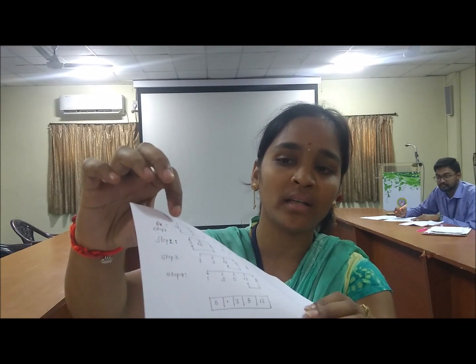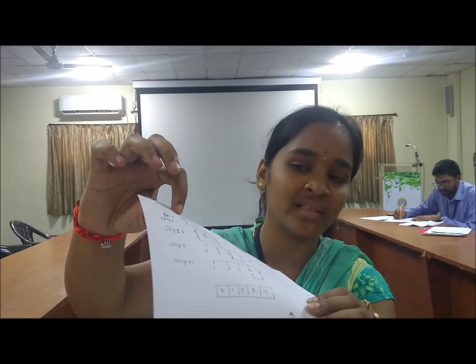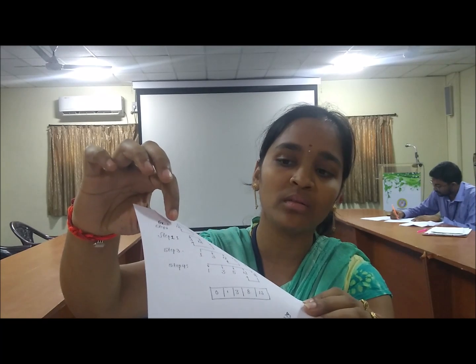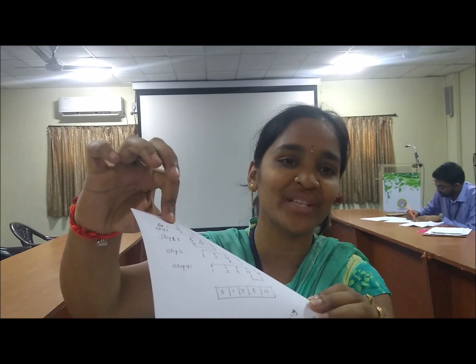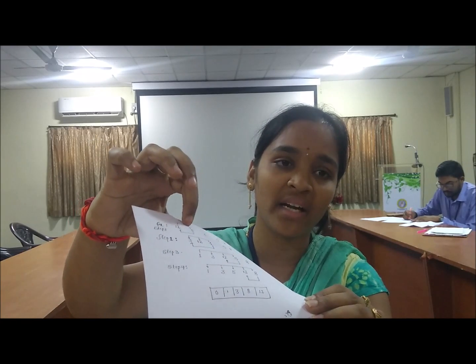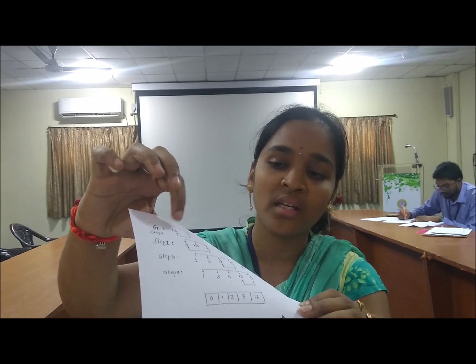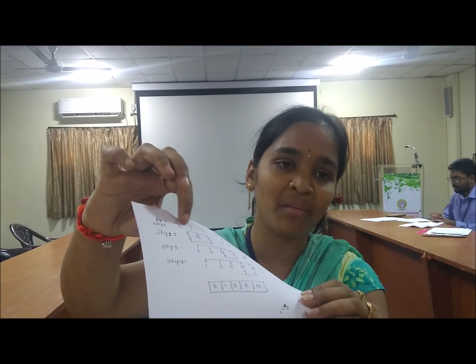First, I consider the first element in the array, 12. Before 12 there are no elements, so we can't change this position. Then I take the second element. Before the second element, 12 is there. Compare 12 and 3. 12 is greater than 3, so swap these elements.